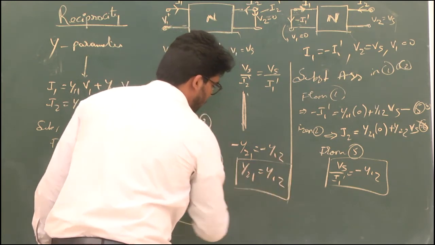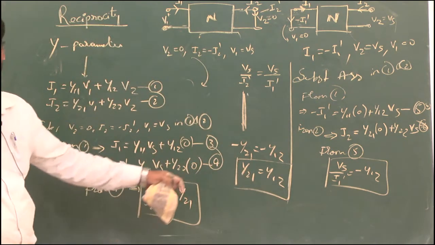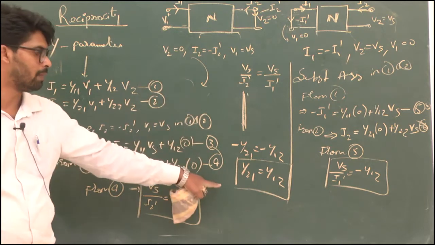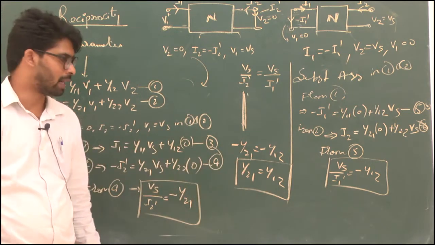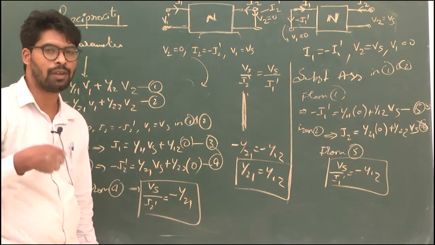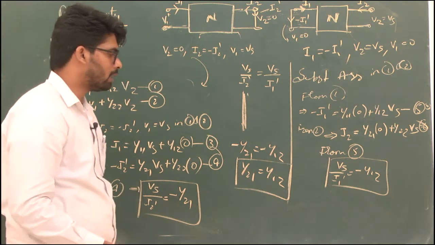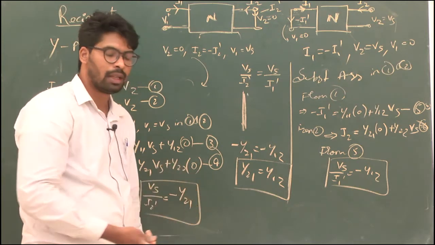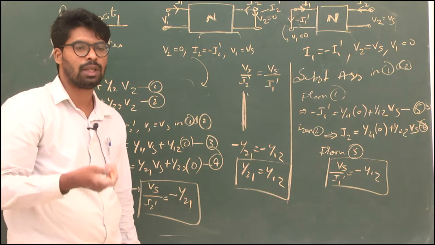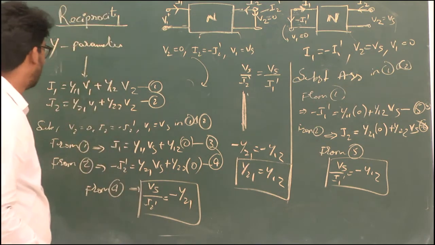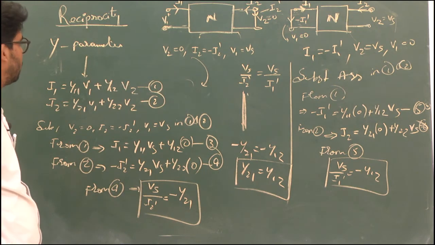So finally you obtain the y parameter condition for reciprocity. Finding this condition is not a big deal. For a given circuit, if you find the y parameters and show that y12 equals y21, then only will you find that the given circuit is a reciprocity circuit. Then we'll go to solve h parameters.